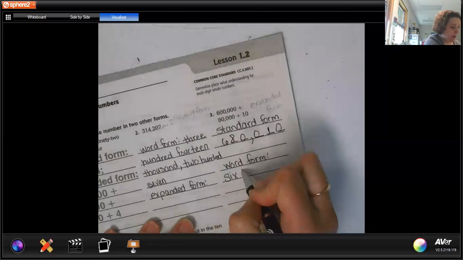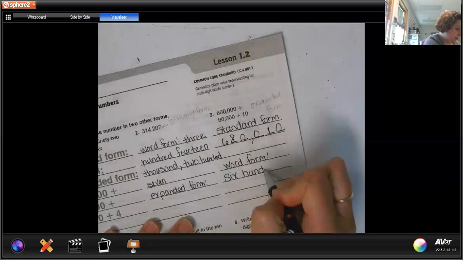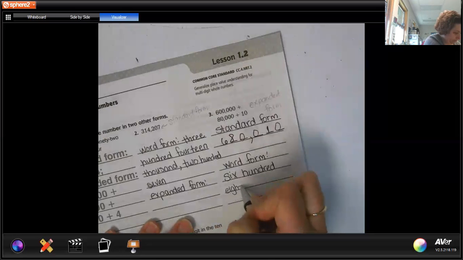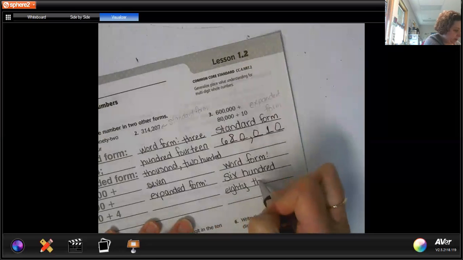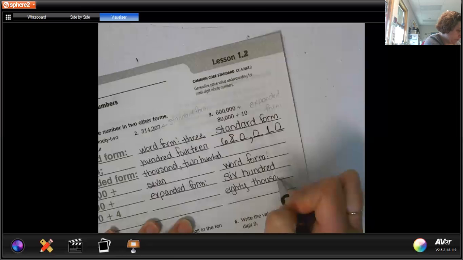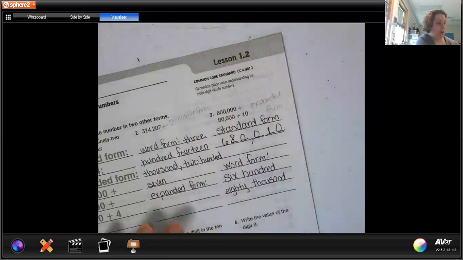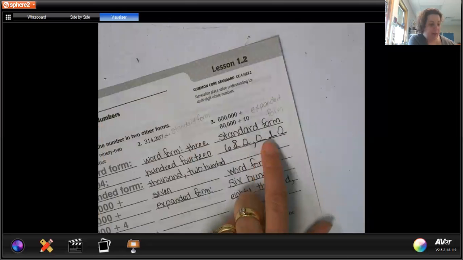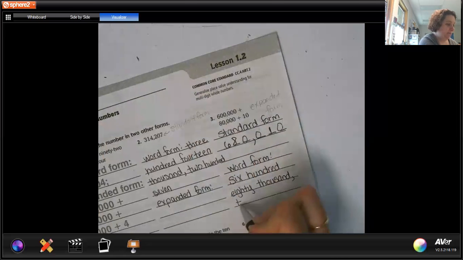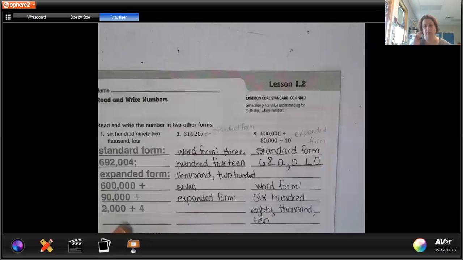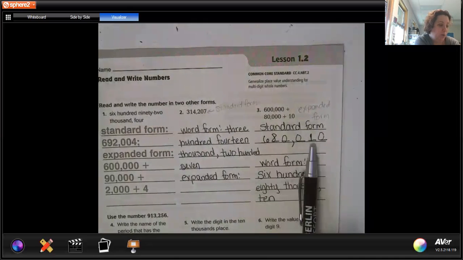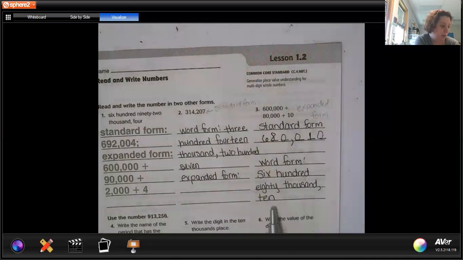I'm going to write the words out: 680,000, and then a comma, and then I'm going to look at the next part. I have 10 there, so I'm just going to write 10. So that's the word form for that same problem. So the standard form is 680,010, word form 680,010. They all say the same thing.